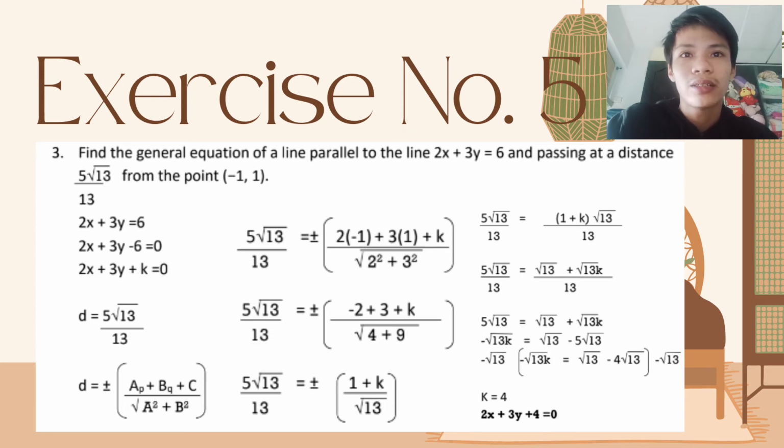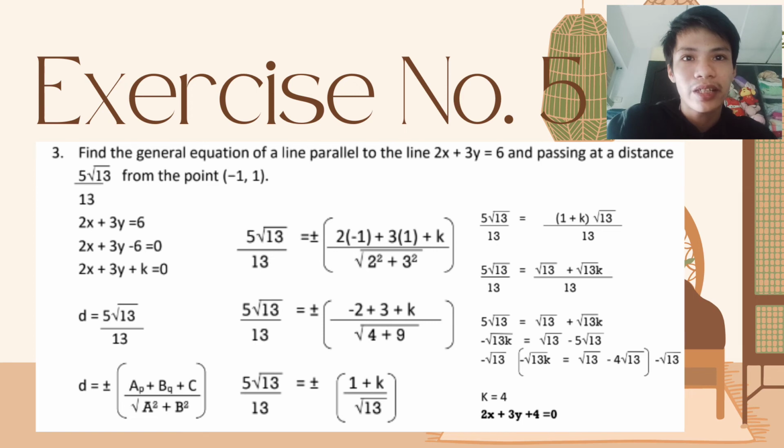So, 5 square root of 13 over 13 is equal to square root of 13 plus square root of 13 k over 13. So, 5 square root of 13 is equal to square root of 13 plus 13k.